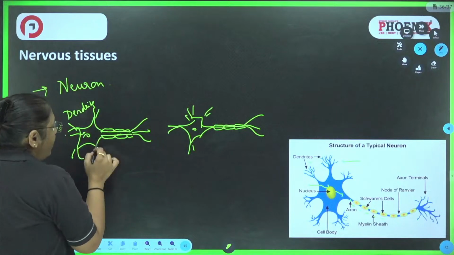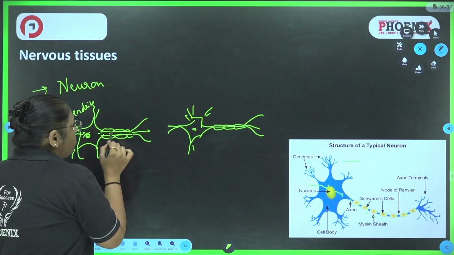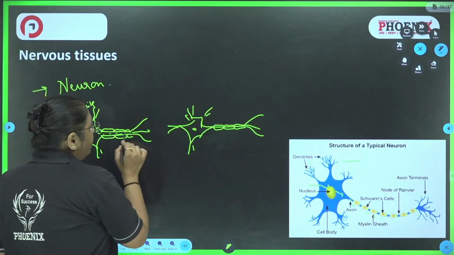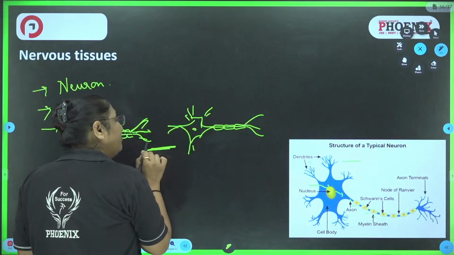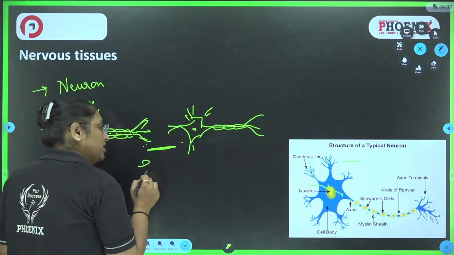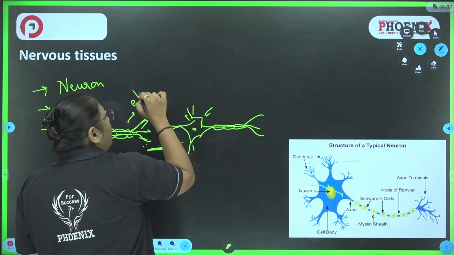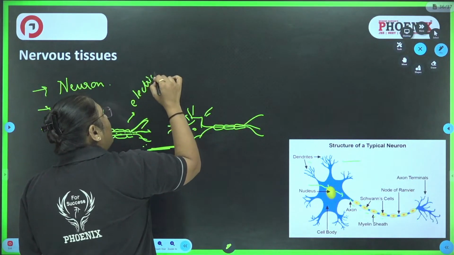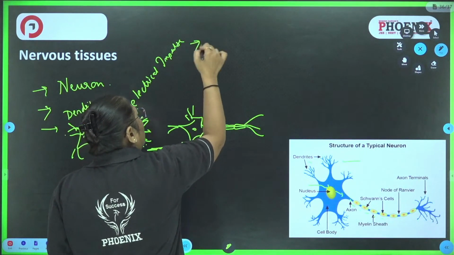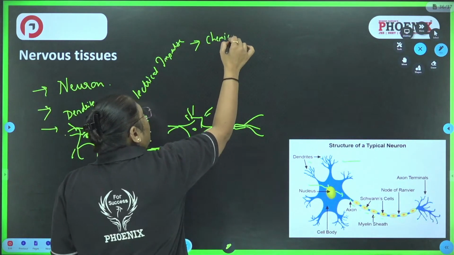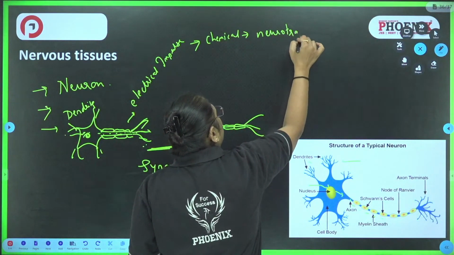This is the cell body and this is the nucleus, and here it is passed through the axon and to the nerve ending. Now here this is the gap between two nerve cells. It is known as synapse. Here the electrical impulse, जो electrical impulse है, that is converted into chemical which is known as neurotransmitter.